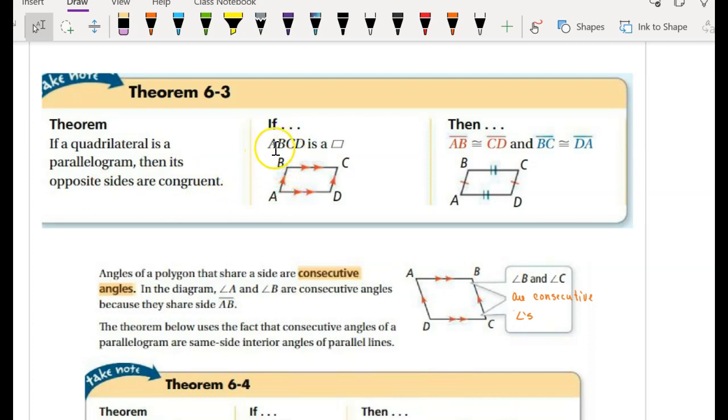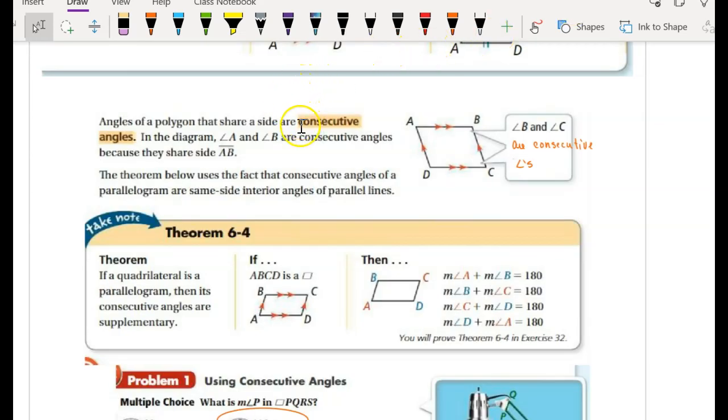So here we have, if ABCD is a parallelogram, that means that segment BC is congruent to segment AD, and segment AB is congruent to segment CD. And over here we have our congruency markers. So AB is congruent to CD, AD is congruent to BC.